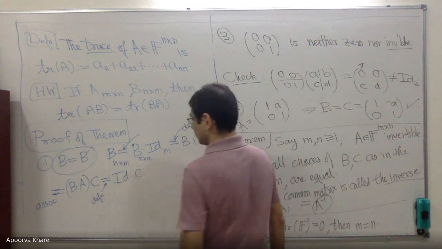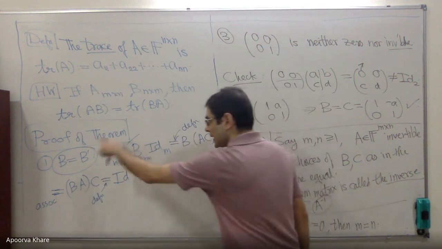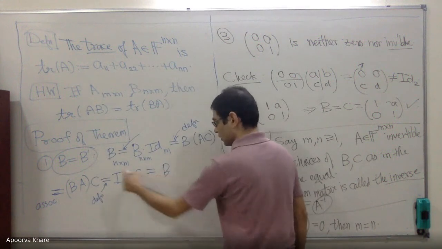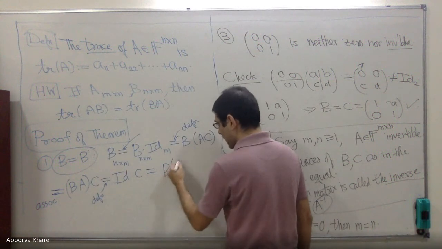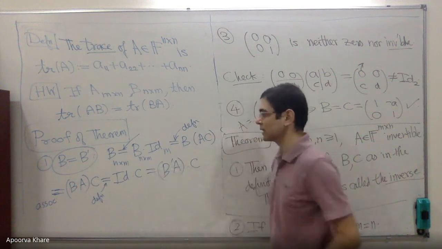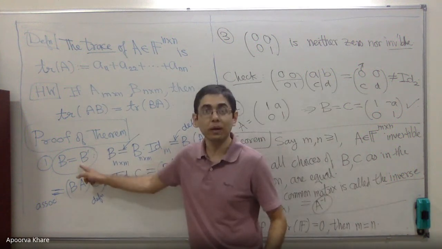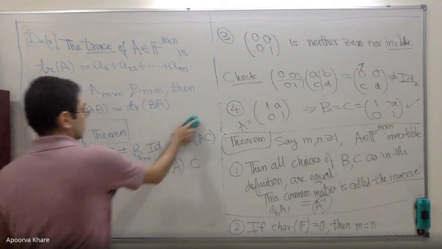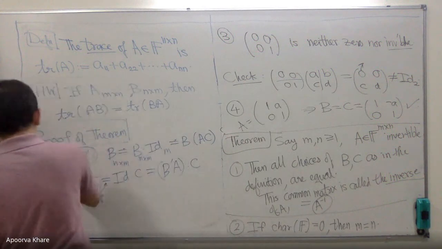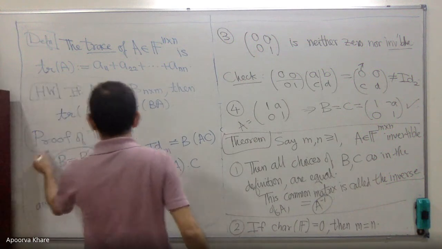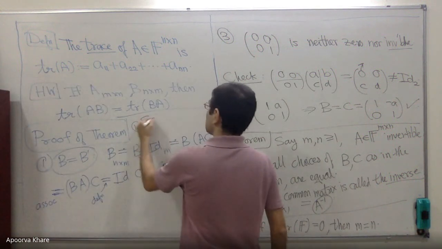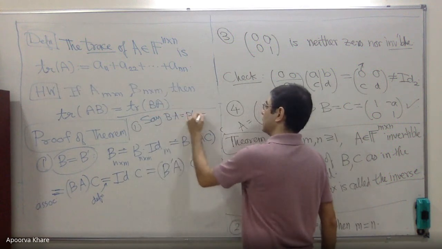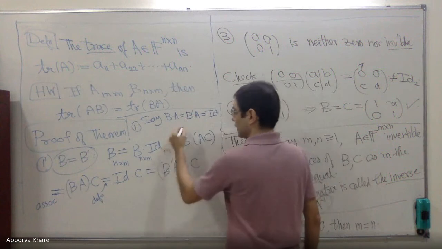Now I do the exact same thing in reverse order using B prime. Start going backwards: it's B prime times A times C because B prime times A is identity. Suppose you had a different B prime. Maybe I should have said that: say B times A equals B prime times A equals identity.